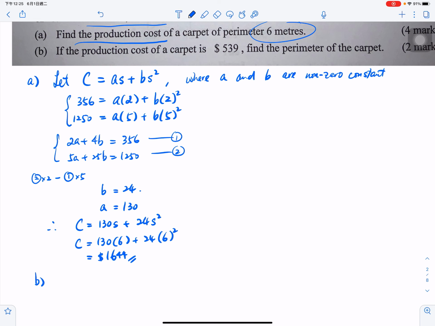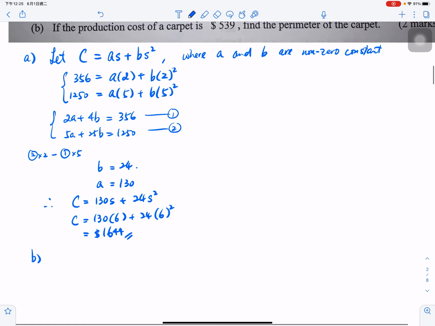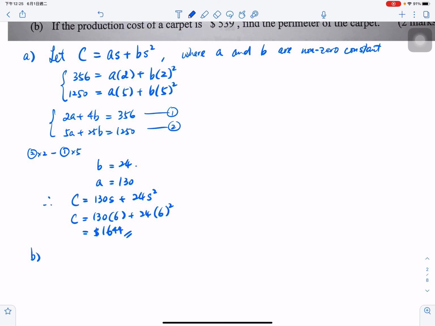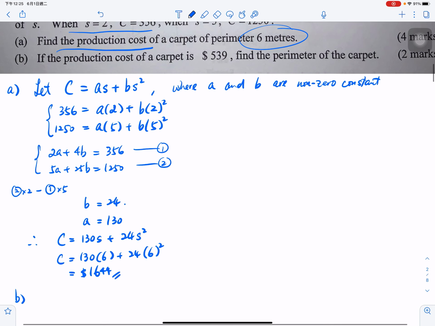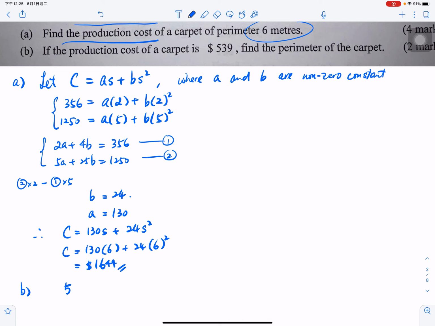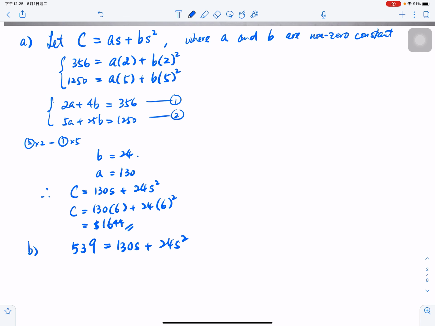Part B. If the production cost of a carpet is 539, find the perimeter of the carpet. This one works in reverse, it's not difficult. So this one, 539 equals 130S plus 24S squared. Just directly substitute and then find it.